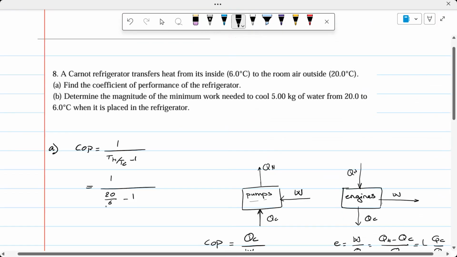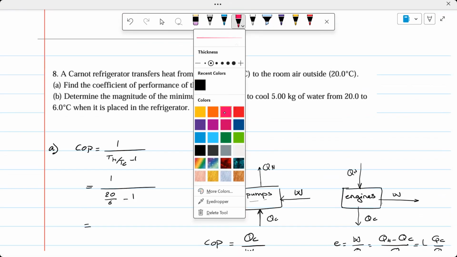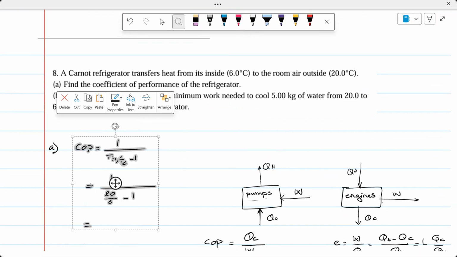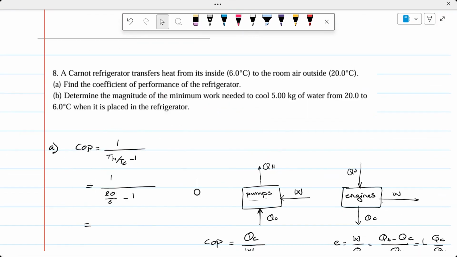One mistake that could happen here is what? What's a mistake I have here? Not changing to Kelvin. Exactly. And I'm going to leave this in the solution for you to always see that.